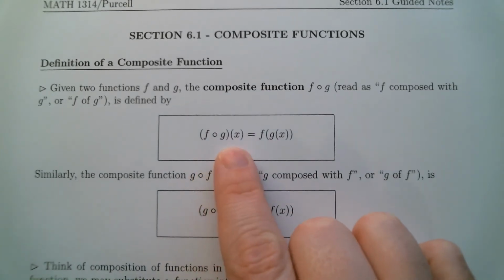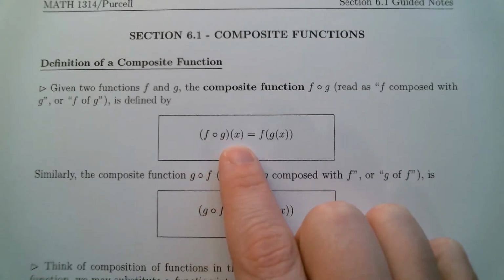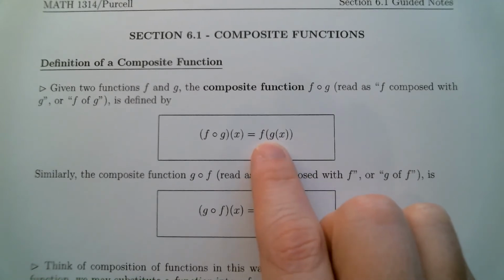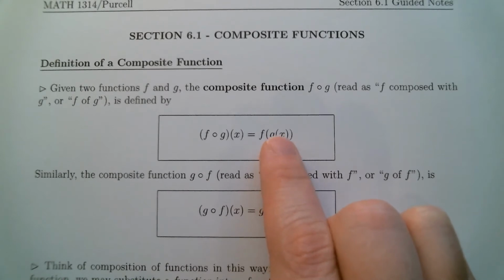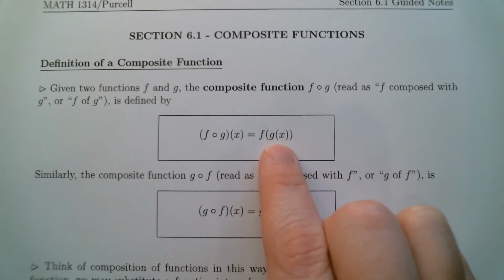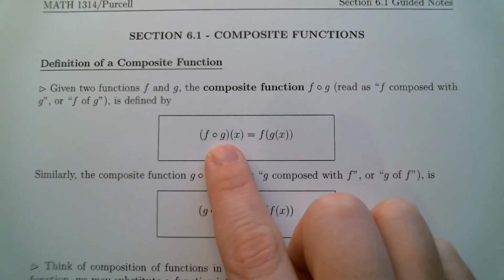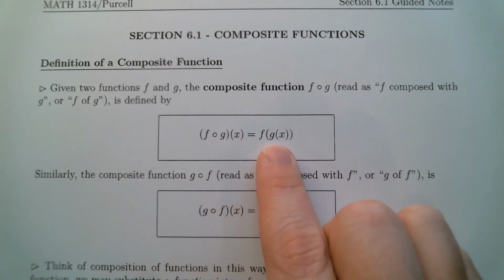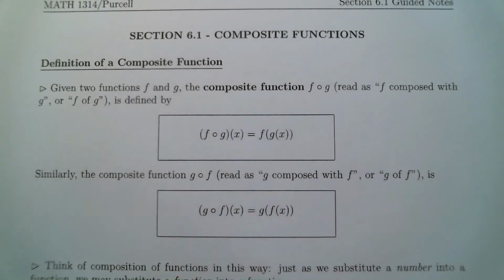So if you see the little circle, okay, this is the function name of x. It is equivalent to this, f of g of x. You can write it this way. This is probably the best way to work with composition, is thinking of it in this notation, okay? So if you are given this format, immediately write this and start working with it this way, okay?